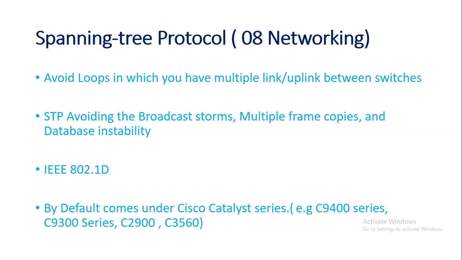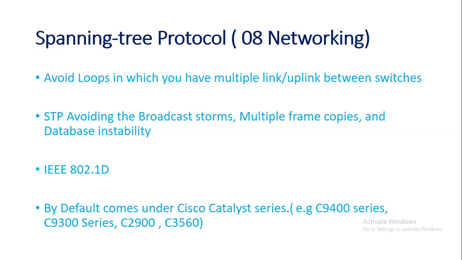It is the IEEE standard 802.1D. If you are using the Cisco Catalyst series, it comes by default. I have mentioned some series for reference: the C2900, which is already discontinued, and the C3560, for reference of the Cisco Catalyst series.